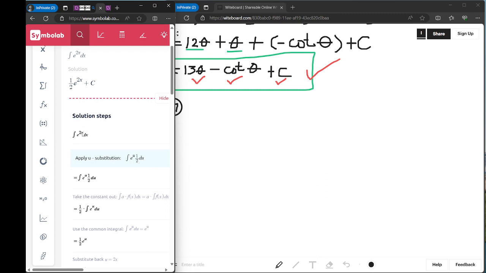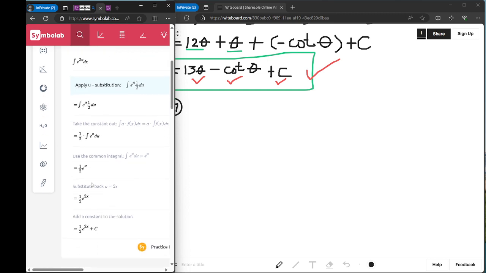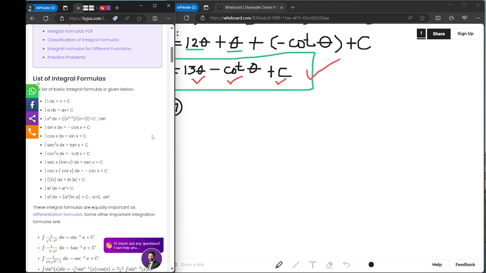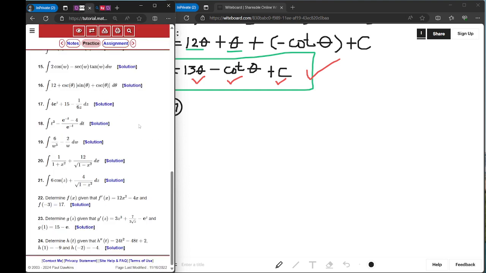So du is 2 dx, so dx is 1/2 du. I think that's it. That's why we have 1/2 du here. Okay, so that's how we solve e with an exponent. But let's check the problem first.